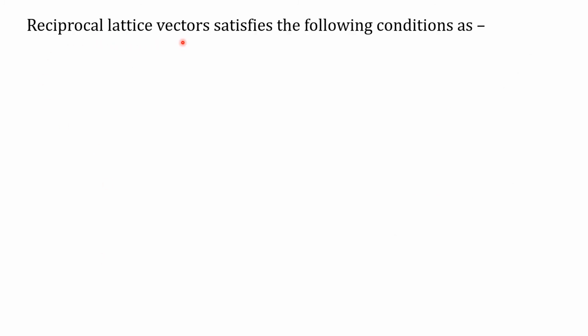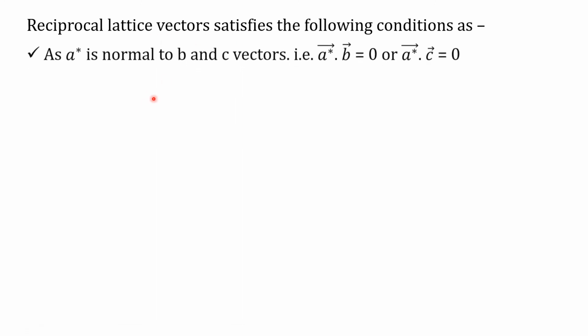Here we give some conditions about the reciprocal lattice vectors which satisfy the relations. As vector A star is normal to vectors B and C, vector A star dot B and vector A star dot C are always 0.